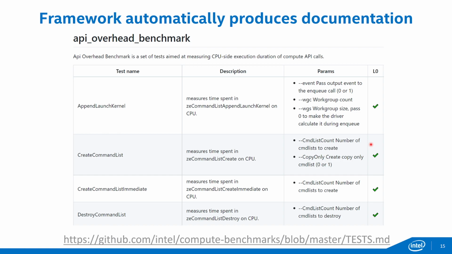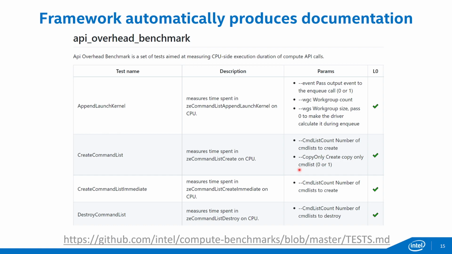And it is very, very useful because having documentation like that creates an environment where external users can easily see what tests are already written, what can be permuted in those tests, and what the test does. It also shows what backends are implementing the test. In this case, we see that those tests are implemented using the L0 backend. So backend is optional.